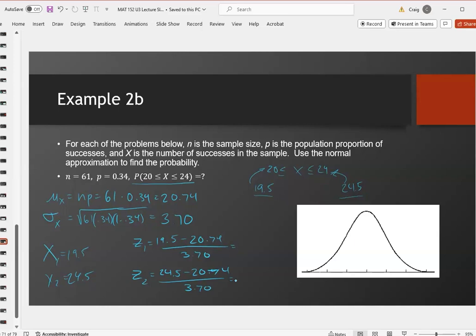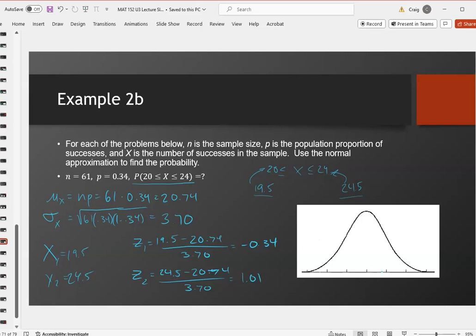19.5 minus 20.74 divided by 3.7 gives about -0.34. And then for Z2, when you divide, we will get 1.01.